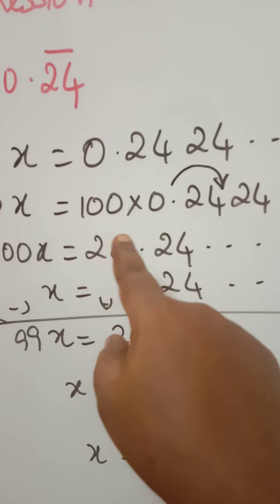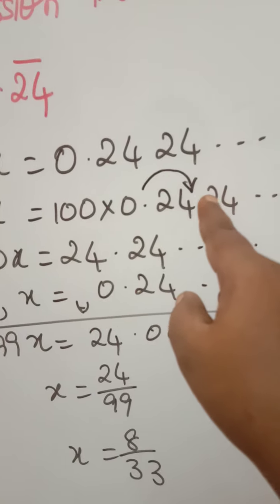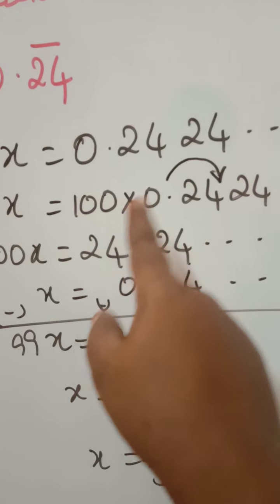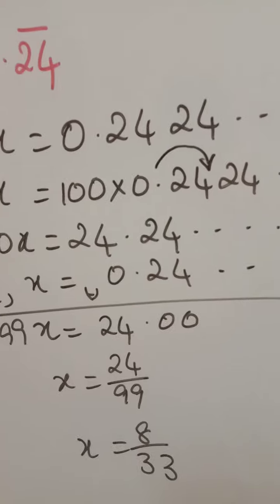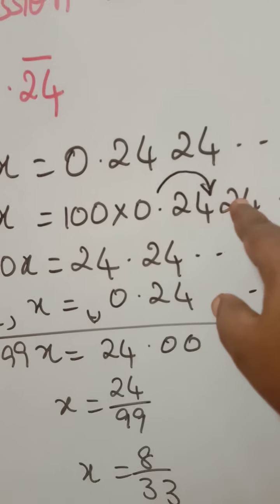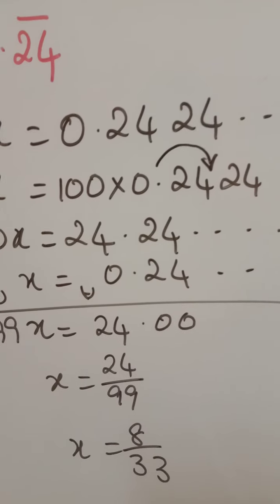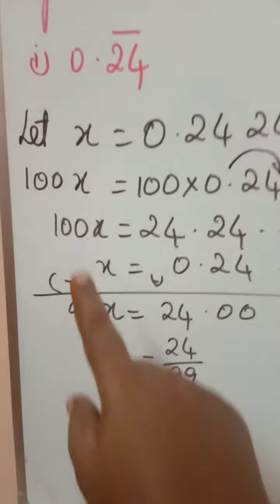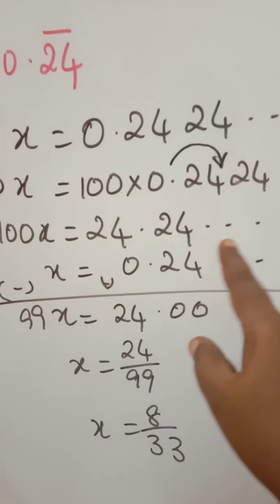When you multiply by 100, the point will move to the right by 2 digits, because 100 has 2 zeros. 100 means 10 power 2, so we move the point after 2 digits.